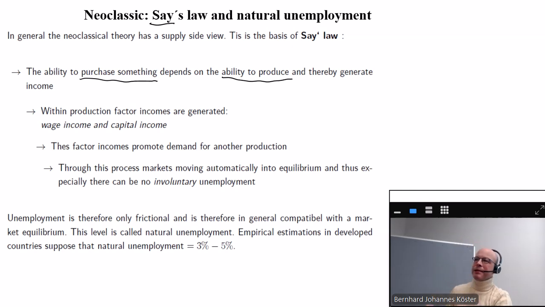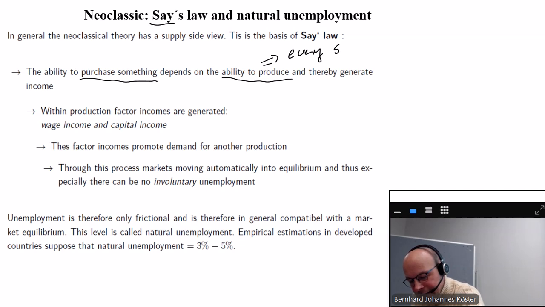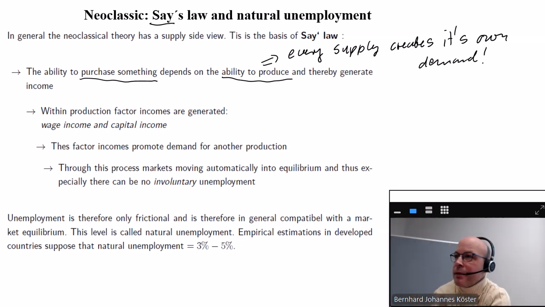This means every supply creates its own demand. Every supply creates its own demand.